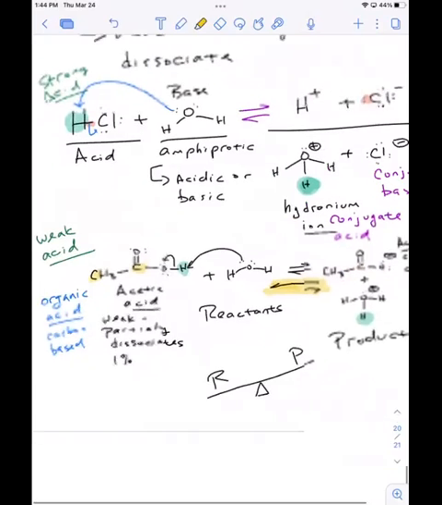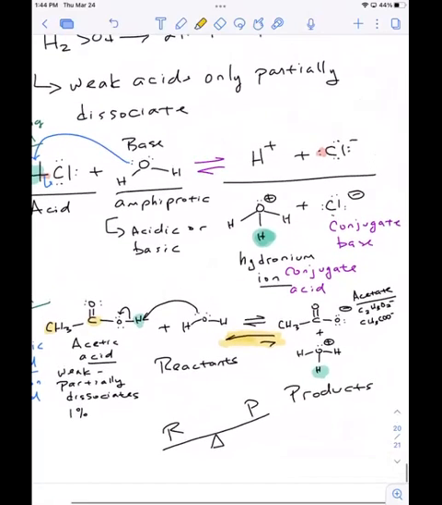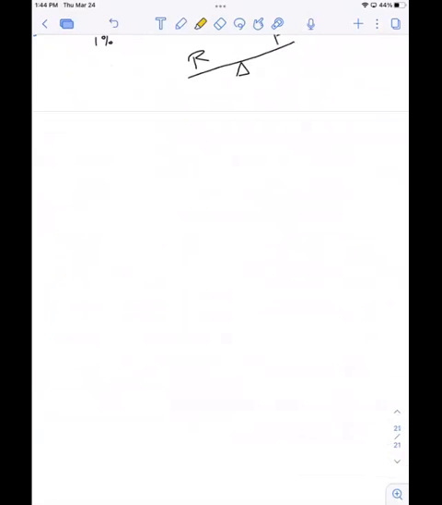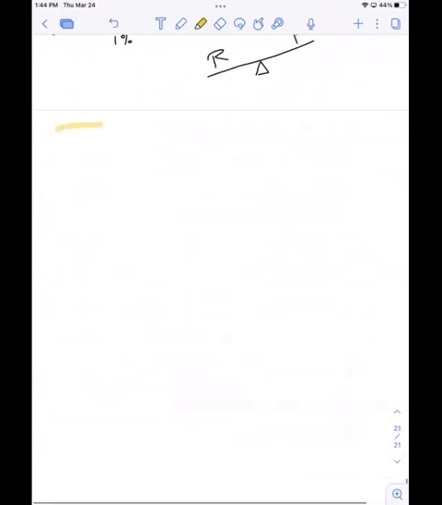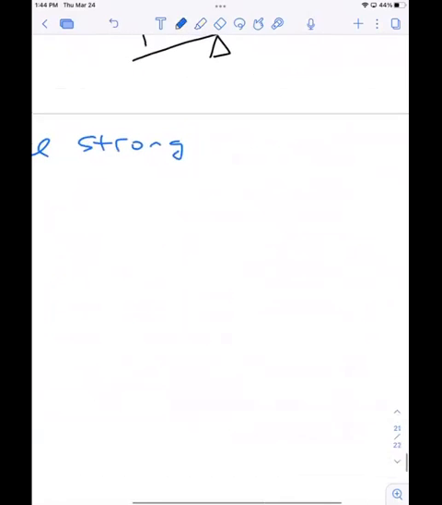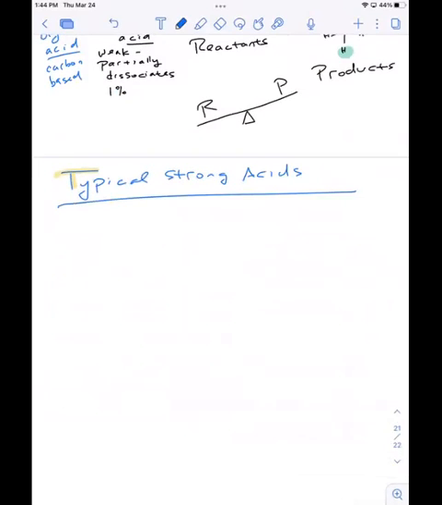All right, so with that said, let me give you some typical strong acids. HCl is an excellent example of a strong acid. And again, by strong acids, what we mean is that it's a compound that will dissociate fully when it's dissolved in water.